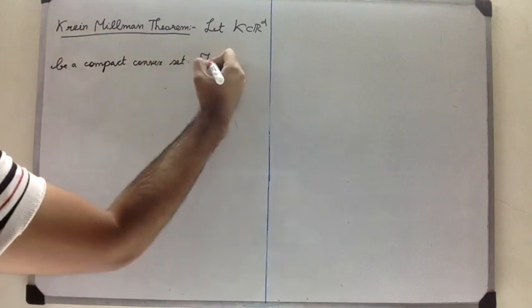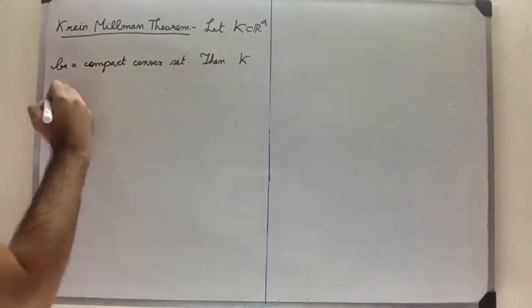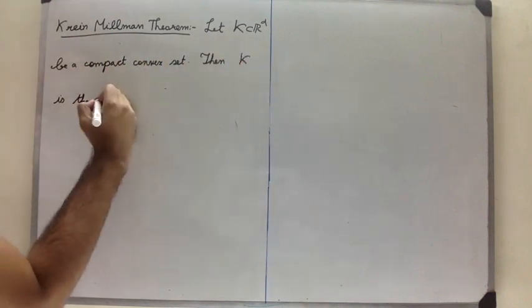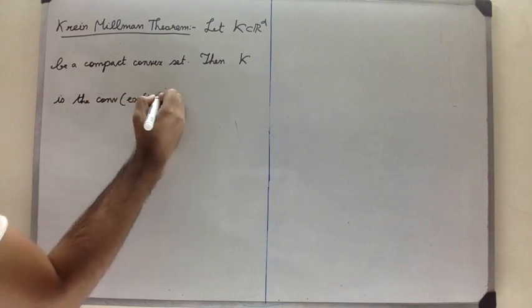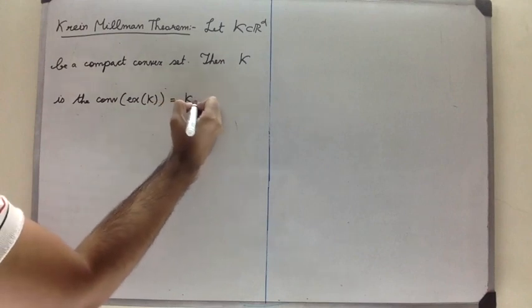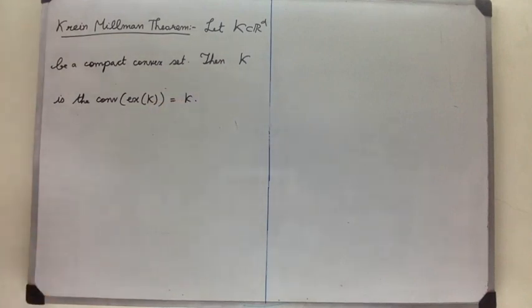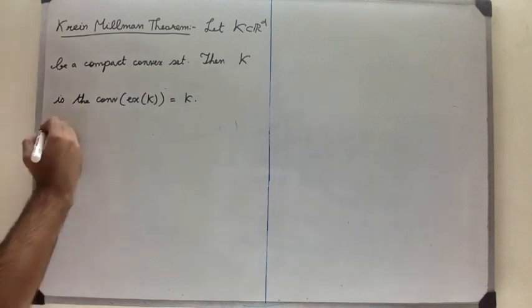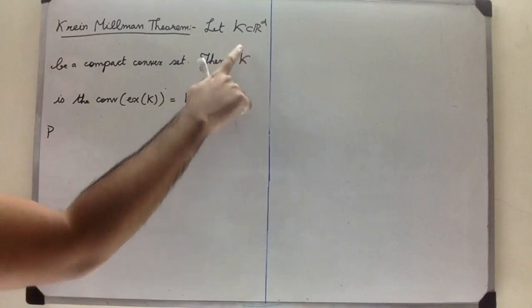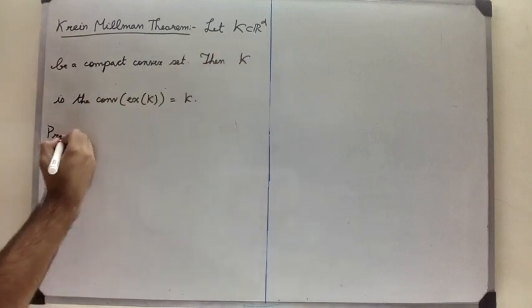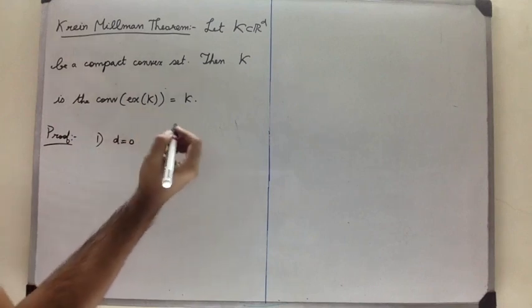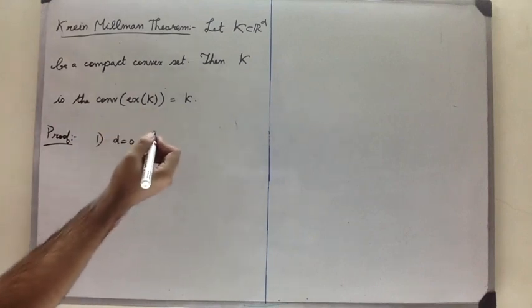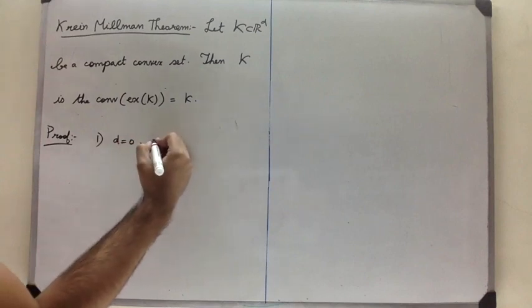Then K is the convex hull of its extreme points. So this is very interesting. We will prove this by induction on the dimension of the Euclidean space R^d. So first, for d equal to 0, the statement is trivial because it's just a point.